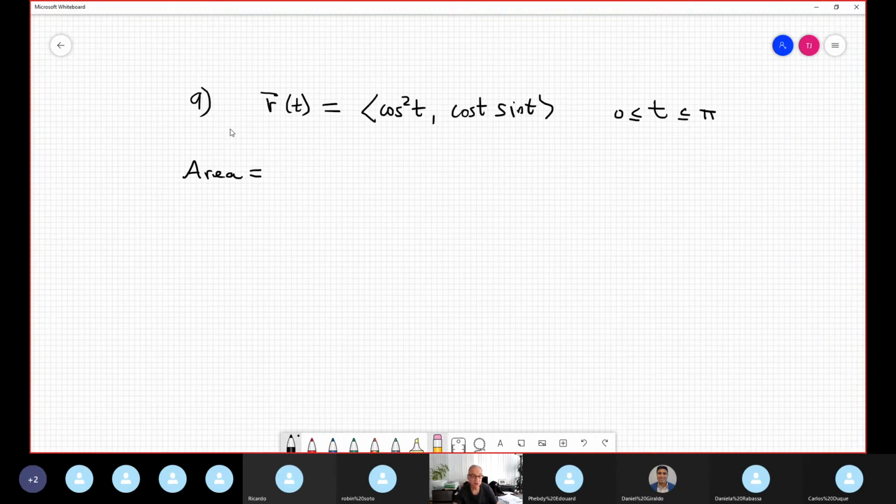And this is a closed curve, of course. So the formula you need to remember is only 1/2 the integral over the closed curve of x dy minus y dx. This is the formula that allows us conversion from a double integral when the integrand is 1 to the line integral. Okay, so in the parametric form, this guy is x, this guy is y, no? So x is equal to cosine squared.